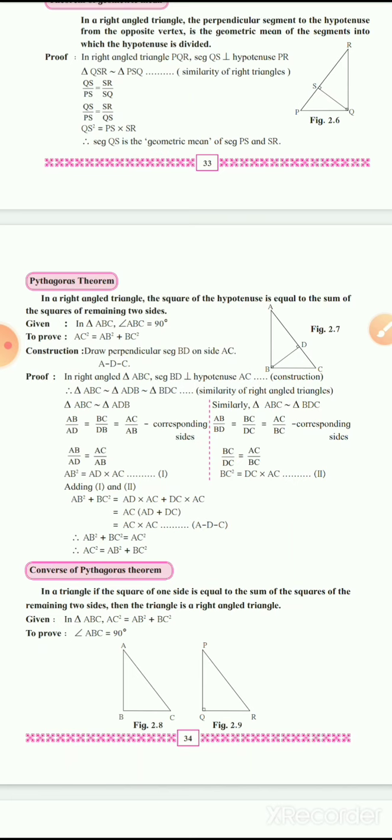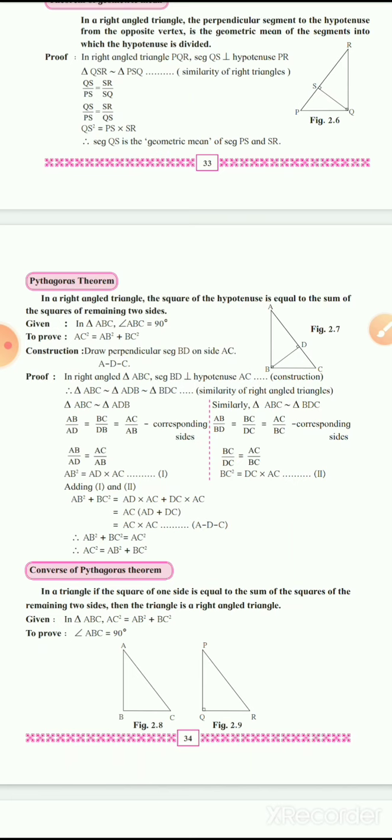The hypotenuse is AC, so AC square is equal to the sum of the squares of the remaining two sides, means AB square plus BC square. So to prove is AC square is equal to AB square plus BC square. Now here we have to construct something.